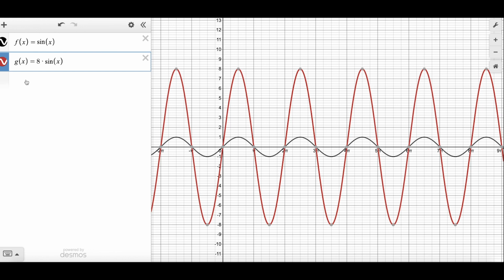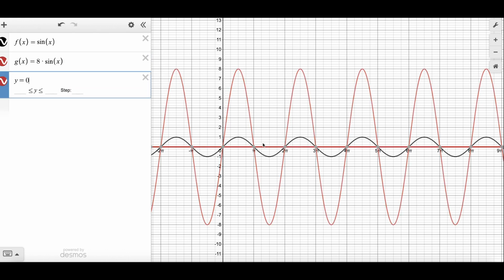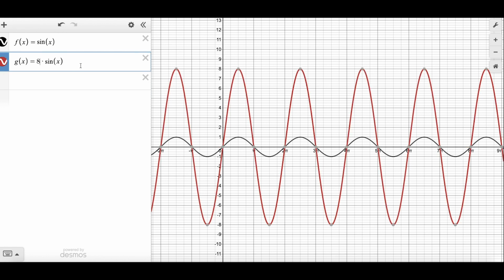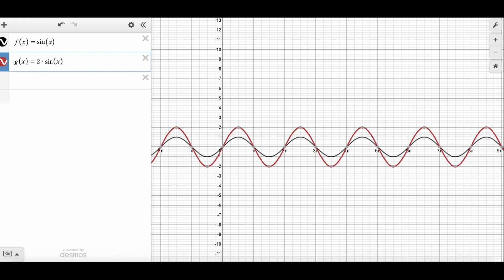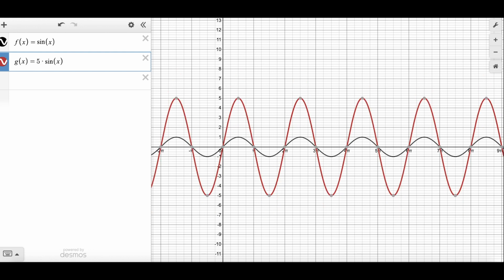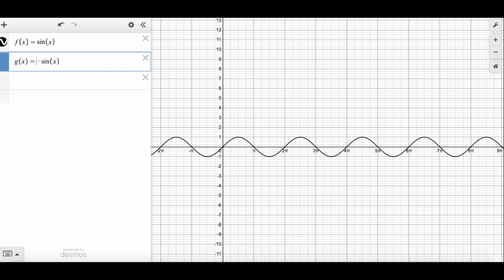Because if you notice, the midline for both of these is exactly at 0. So what's changing now? Okay, let's change it to 2. Okay, let's change it to 5. Okay, I'm going to call this number A.